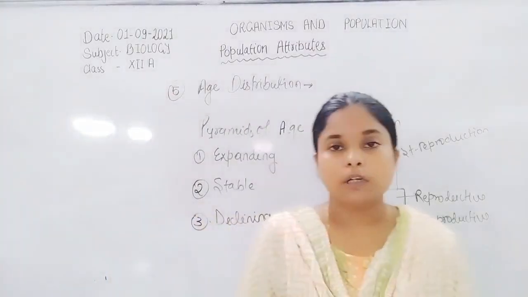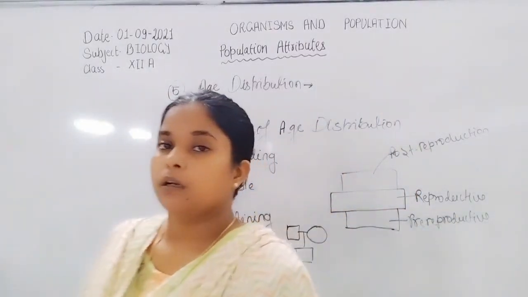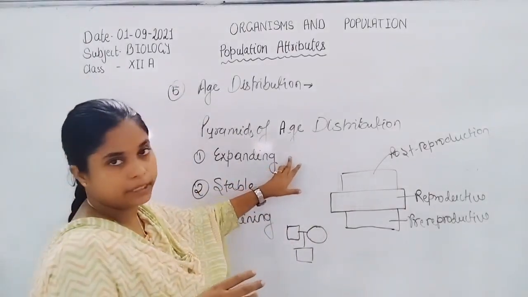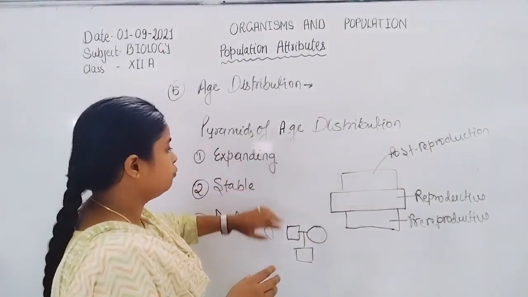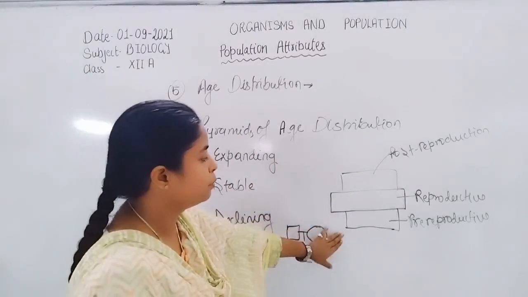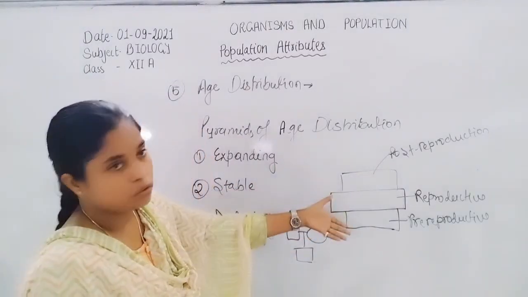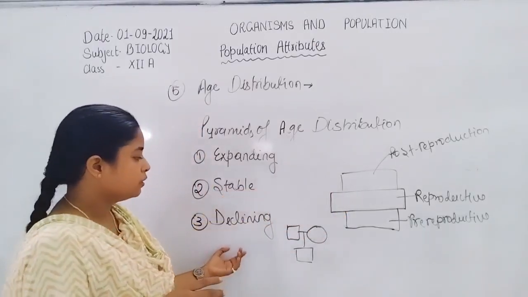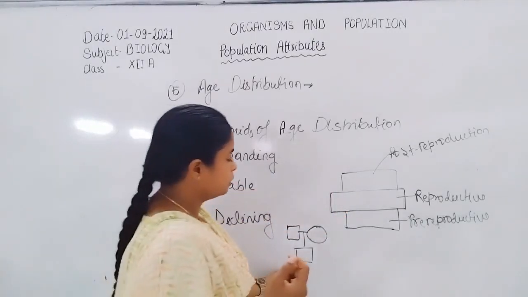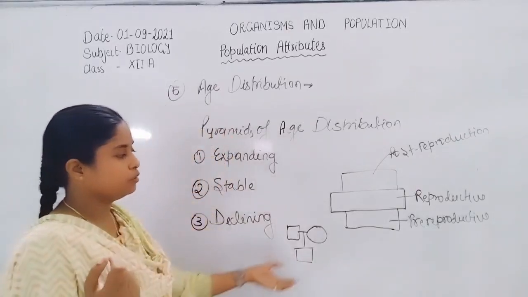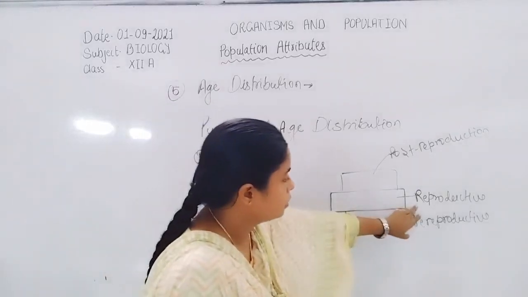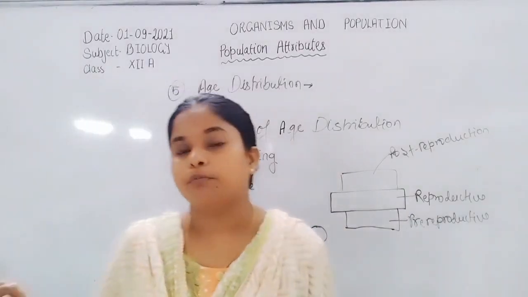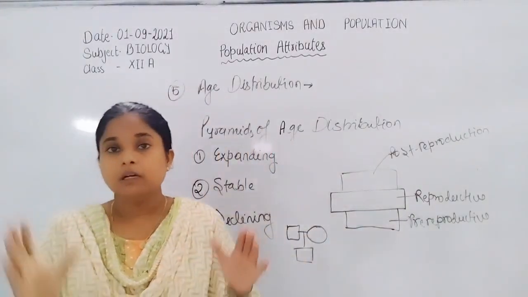If the pre-reproductive phase is more in number compared to the reproductive phase, that type of pyramid is known as an expanding pyramid. If the reproductive phase and pre-reproductive phase are equal in number, that pyramid is a stable pyramid. And if the pre-reproductive phase is less in number compared to the reproductive phase, that pyramid is known as a declining pyramid. Here is the overall about the population attributes.